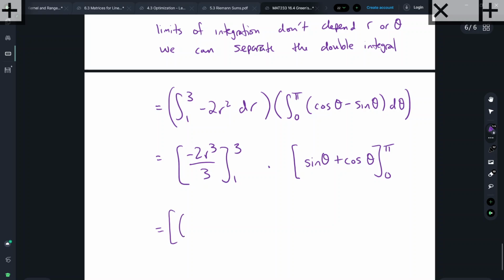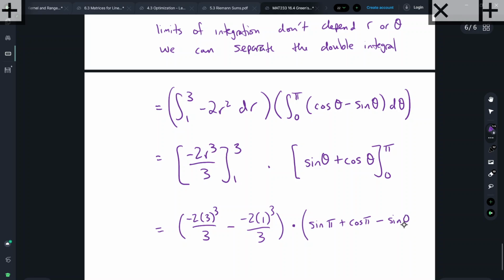Plugging in 3, you get minus 2 times 3 cubed over 3, minus plugging in 1, you get minus 2 times 1 cubed over 3, and then times, plugging in pi, you get sine pi plus cosine pi, and then minus sine of 0, and then minus also because the minus distributes, so this is also a minus, so cosine of 0.